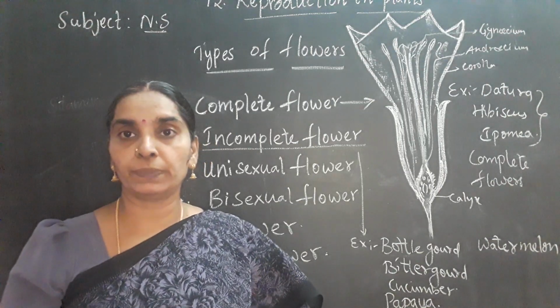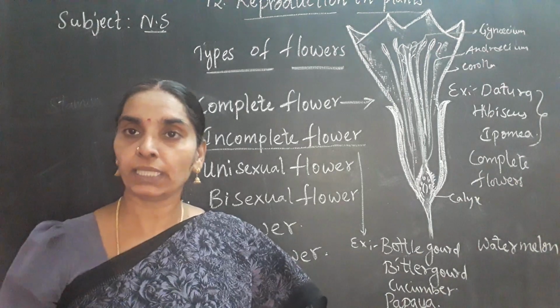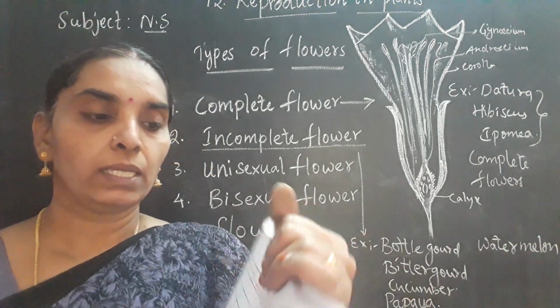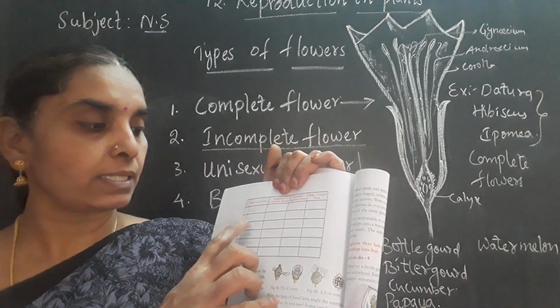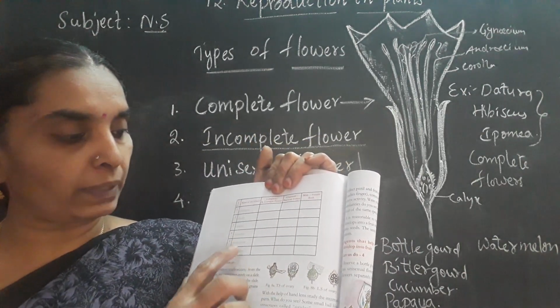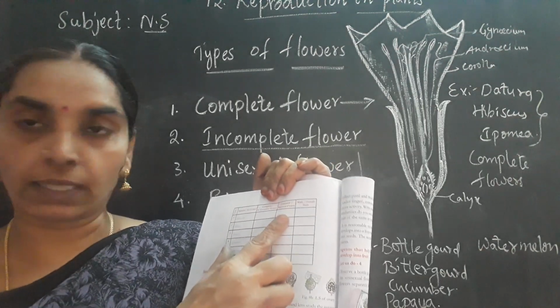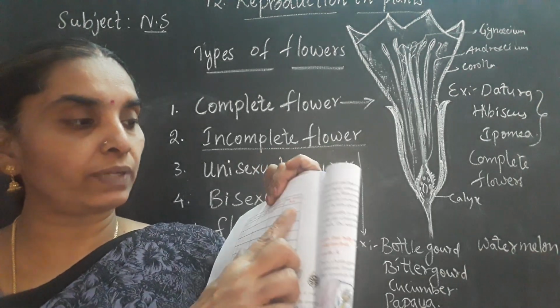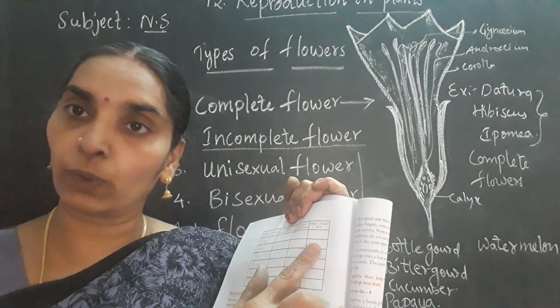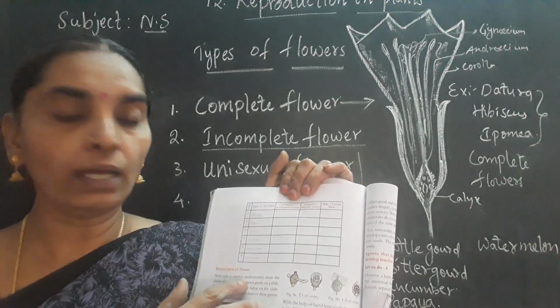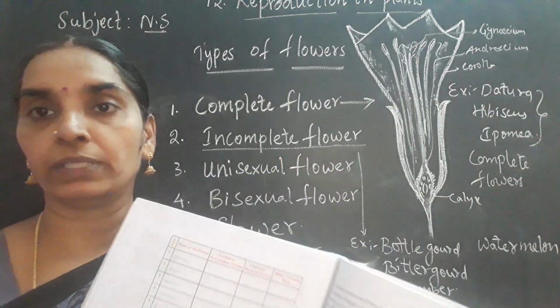Write this down in your notebook neatly and bring it to the next class. Complete this table also: for hibiscus, datura, ipomoea, cucumber, bottle gourd and bitter gourd, write whether it is a complete flower, whether it is unisexual or bisexual, and whether it contains both male and female parts. Write down neatly in your textbook and bring it for the next class.